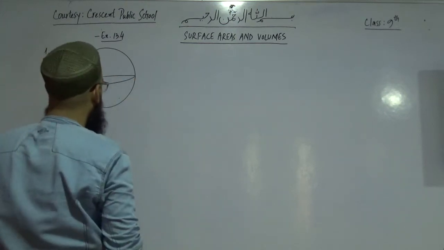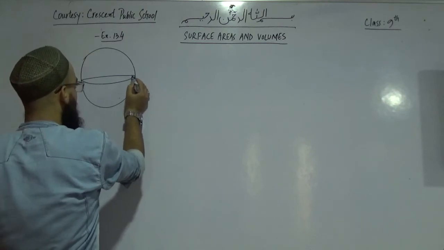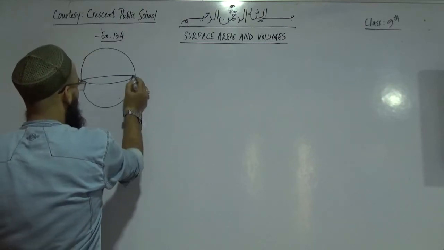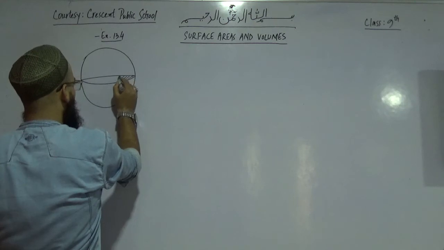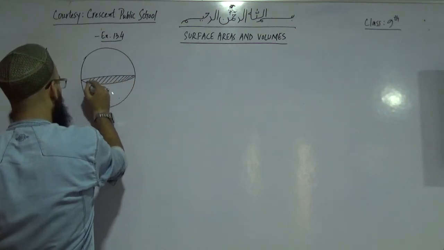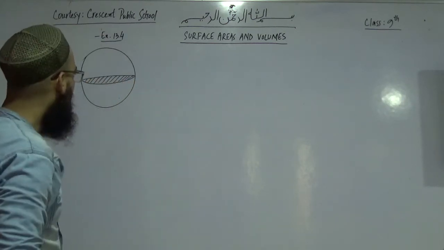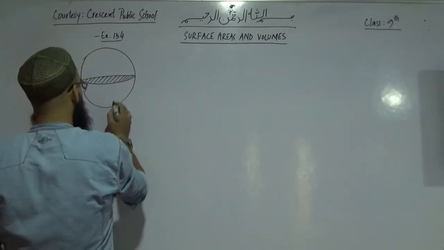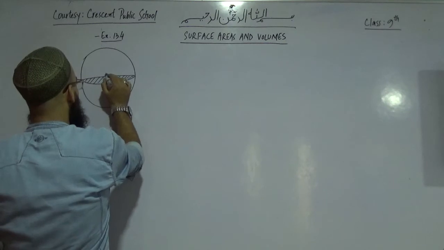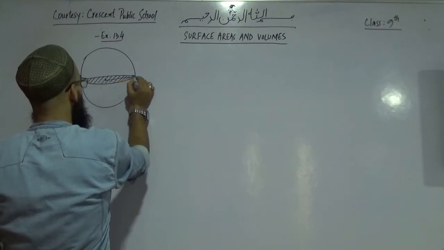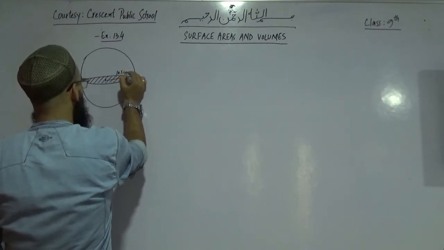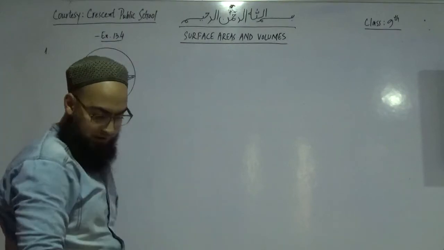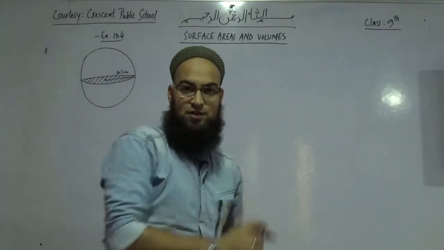This is a sphere of radius 10.5 centimeter. You need to find the surface area of this sphere.